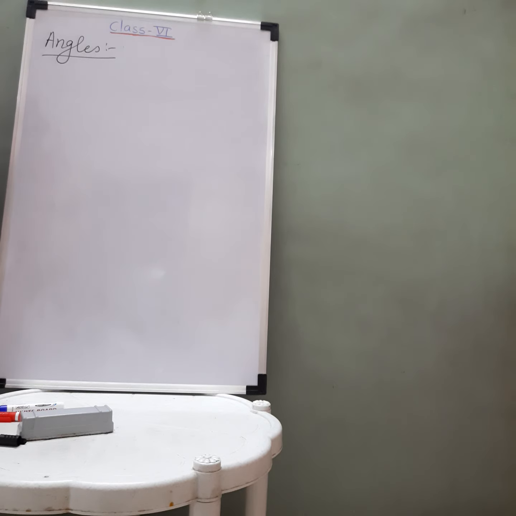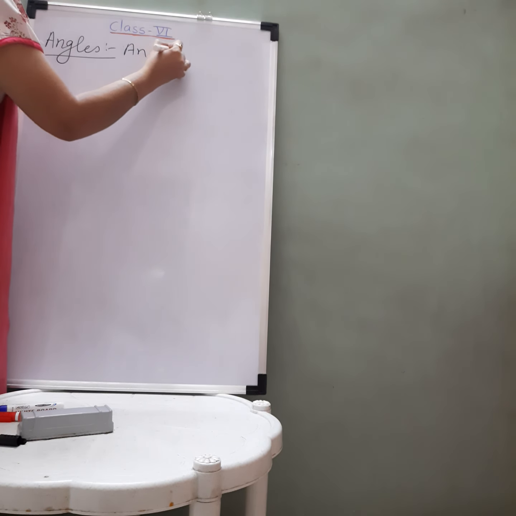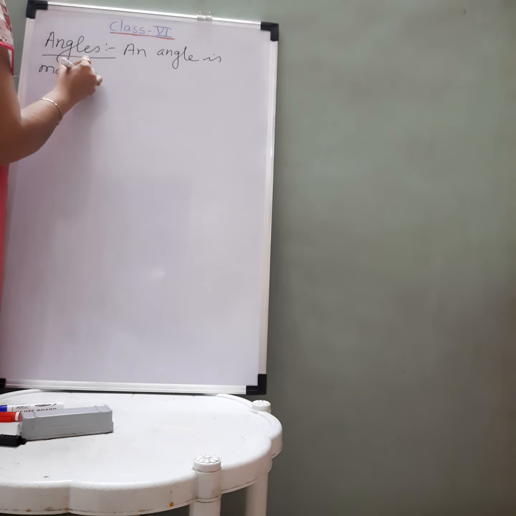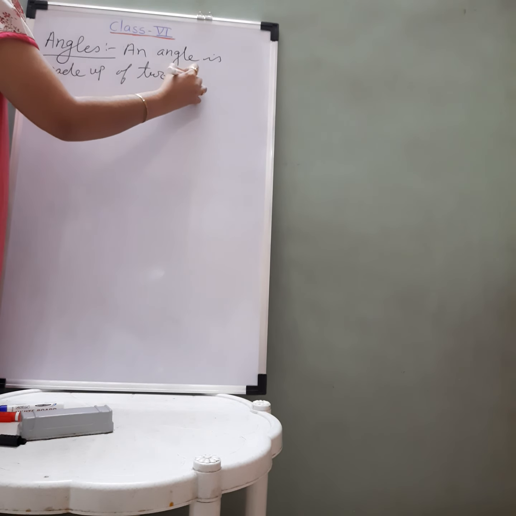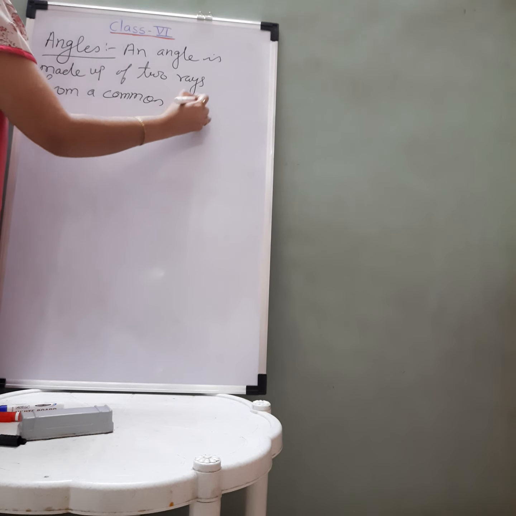So an angle is made up of two rays from a common end point.